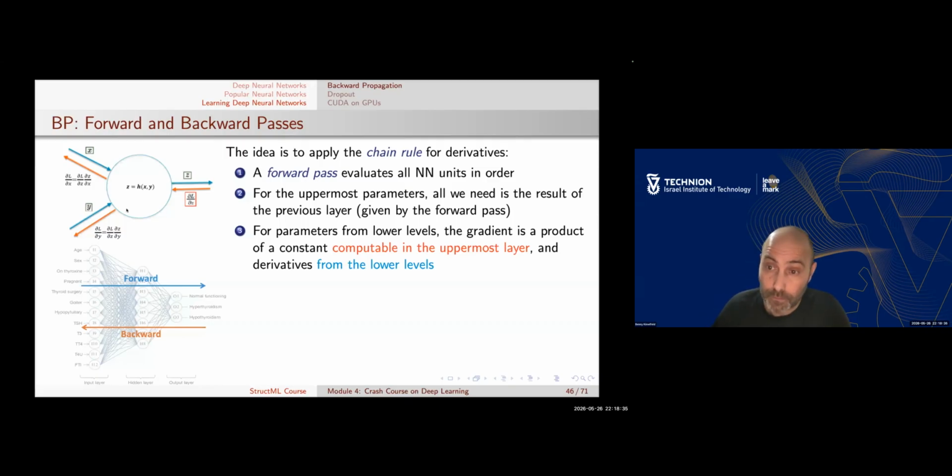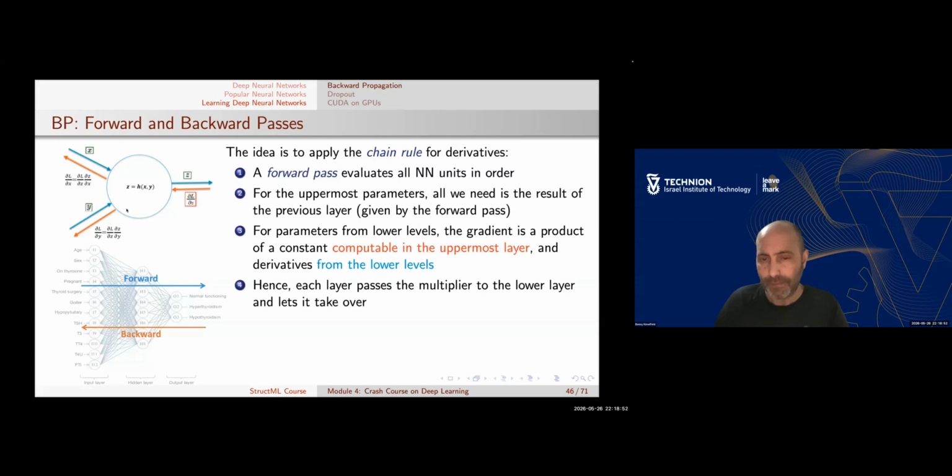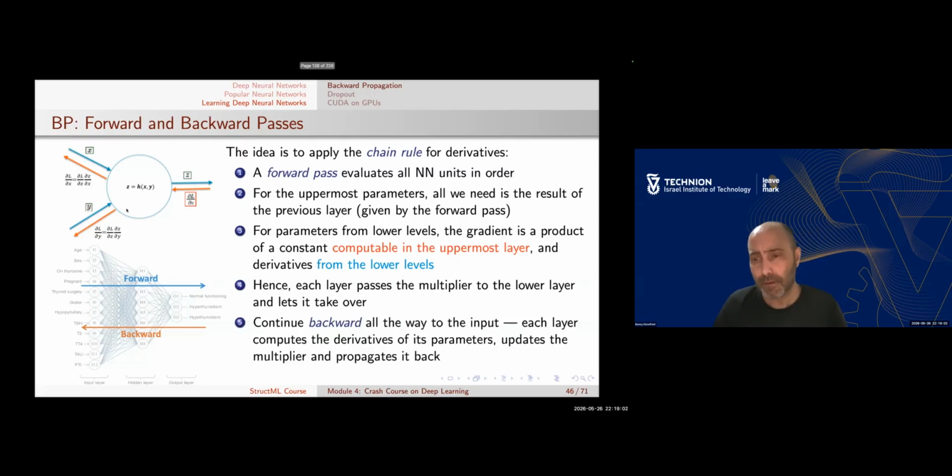For the lower layers, the gradient is a product of a constant that we can compute in the uppermost layer and derivatives that we can compute just in the lower layers. Therefore, each layer passes this multiplier to the lower layer and lets that layer take over.